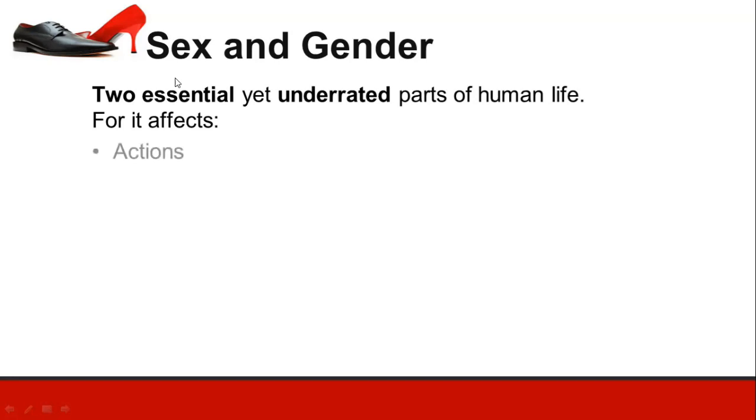First one is action: how you are going to react to some things or events in your life. Next one is job. It would also affect the job because there are some jobs that have a qualification just for a female or a male.